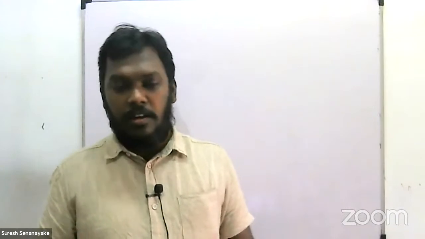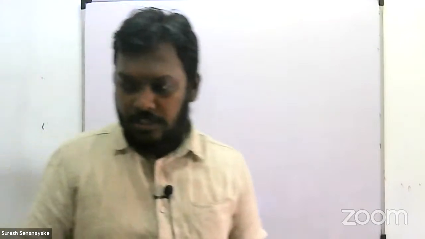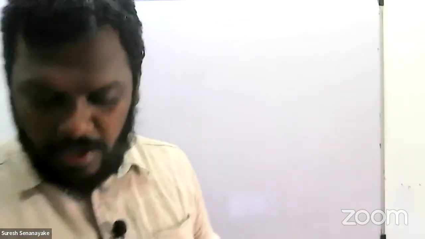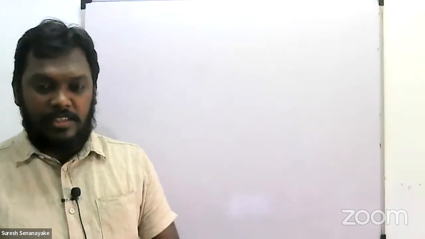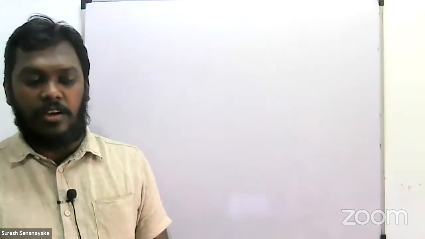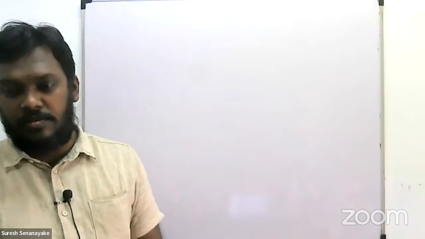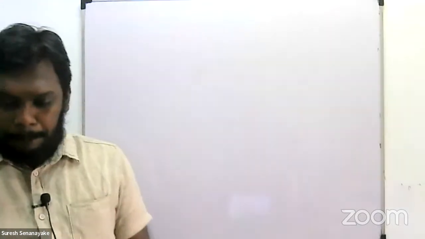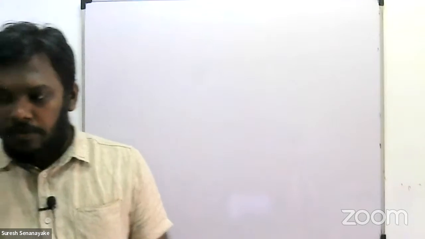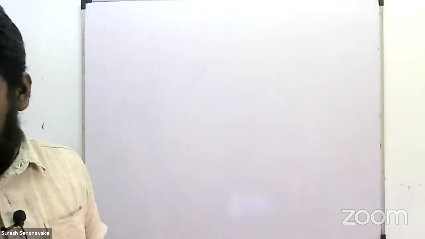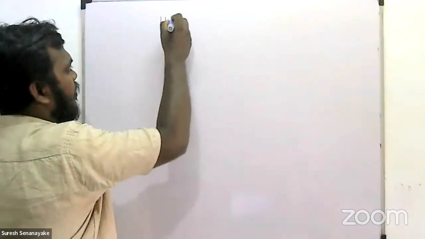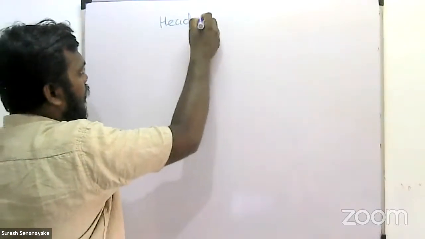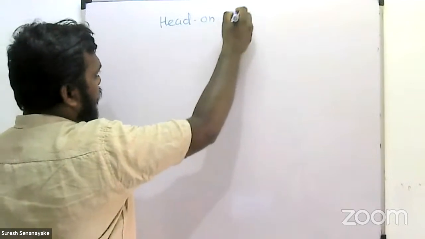energy can be lost. Okay, today we will discuss head-on elastic collisions, because you have more problems on elastic collisions, and how to apply this theory to collisions between bodies. Okay, let's write this topic: the head-on elastic collision.